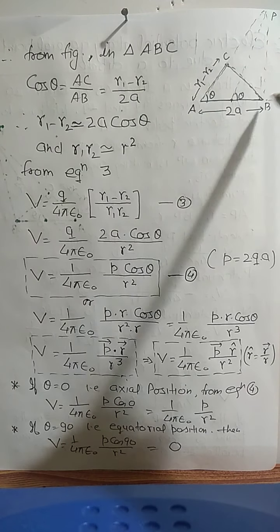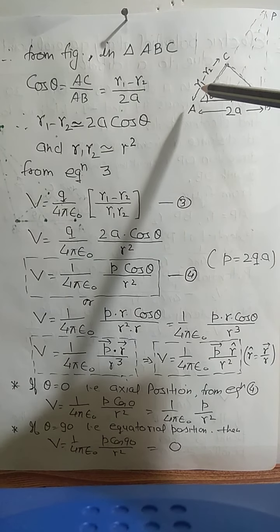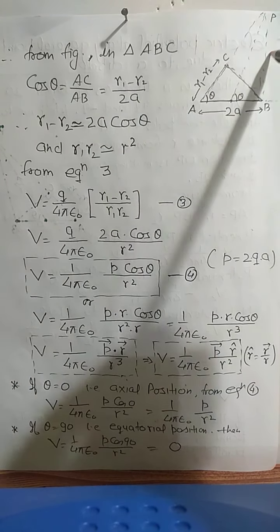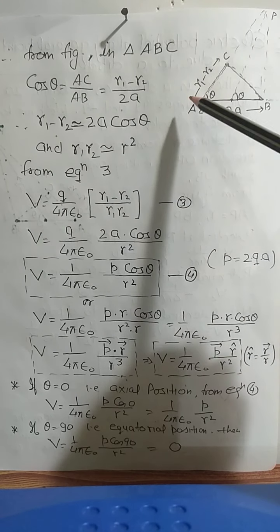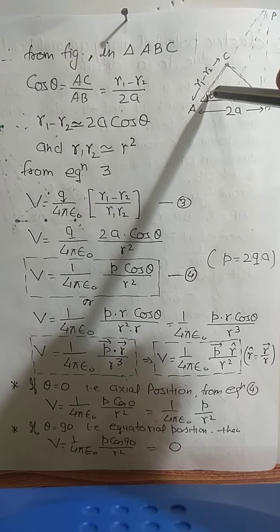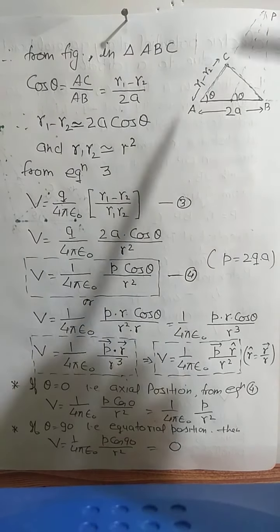Therefore AC will be R1 minus R2, because AP is R1 and BP is R2.